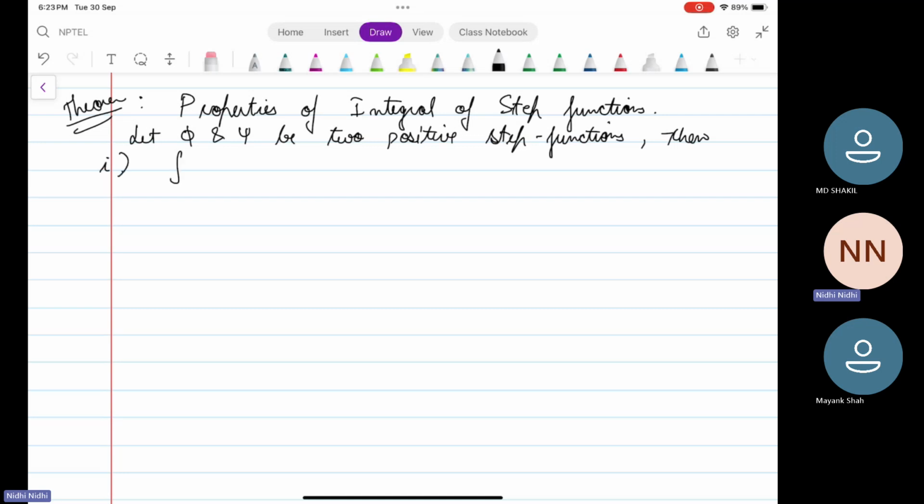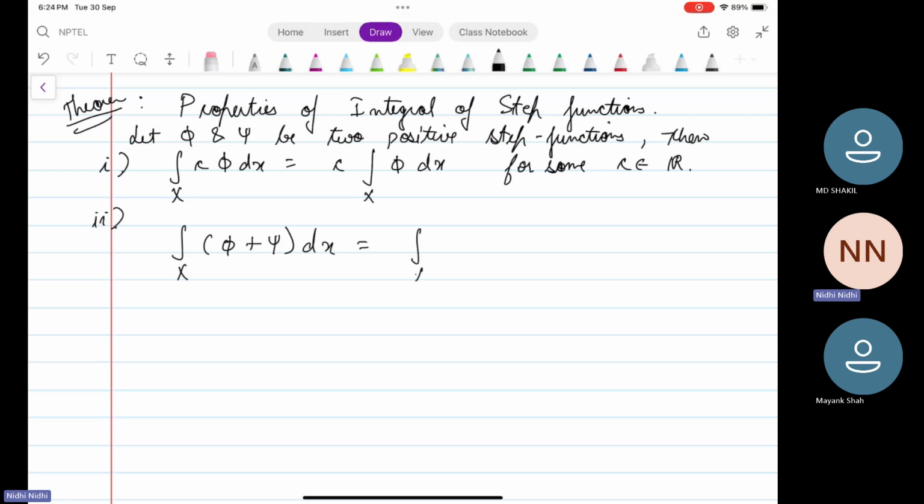Firstly, suppose they are defined on some interval X: the integral of c times phi is equal to c times the integral of phi dx, where c is some constant in R. Then the integral over X of phi plus psi dx is equal to the integral over X of phi dx plus the integral of psi dx.